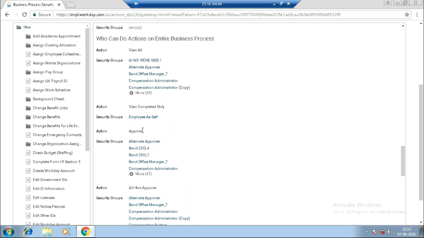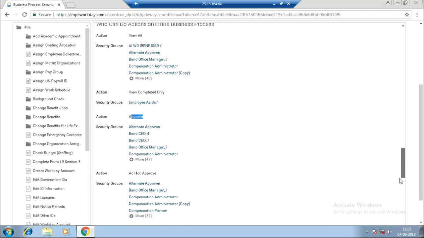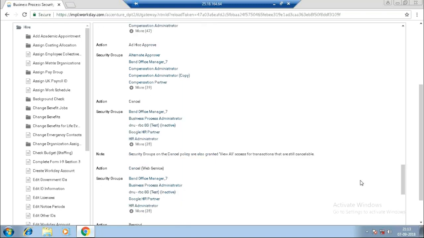No other security group, apart from these 47 security groups, can approve any step in a business process. Similarly, for anybody who can cancel the hire, only these particular security groups which are given the task of canceling can cancel the business process happening in the system. So that is all task driven. Business process policies are always task driven. Security policies are always data driven. Is that making sense?